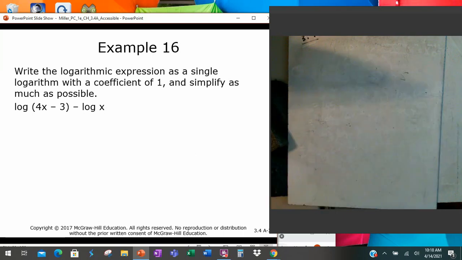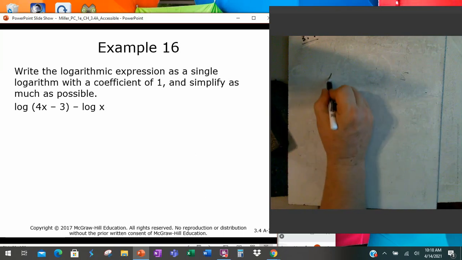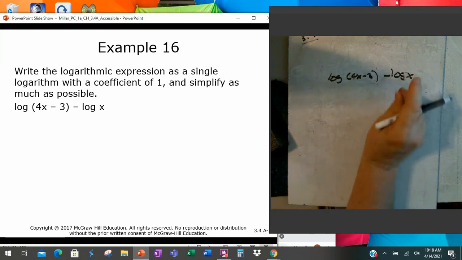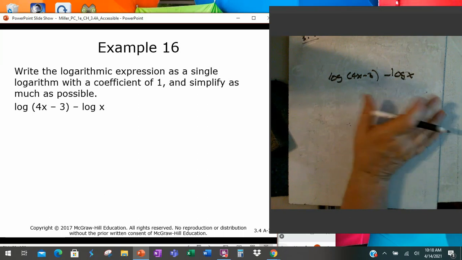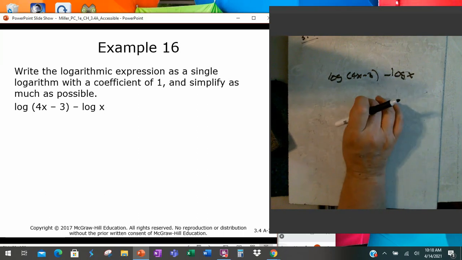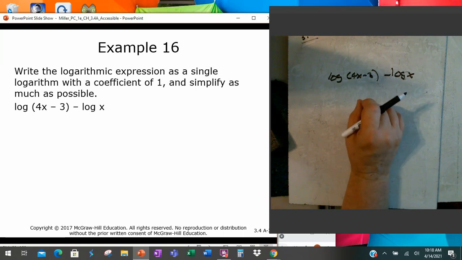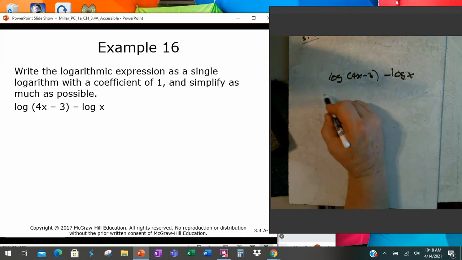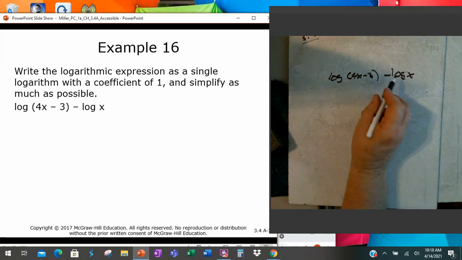But again, right now we're just learning how to break them apart, bring them back together again as needed. Just an expression, not equal to anything. Bring them back in, okay? Write the logarithmic expression as a single log with a coefficient of 1.